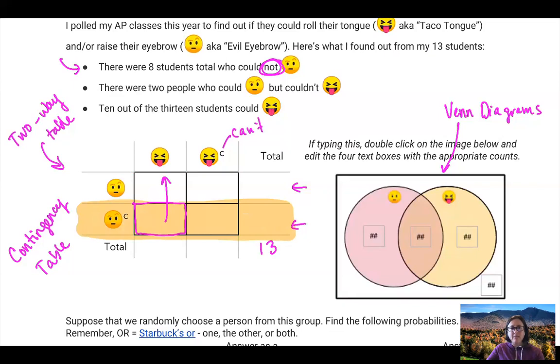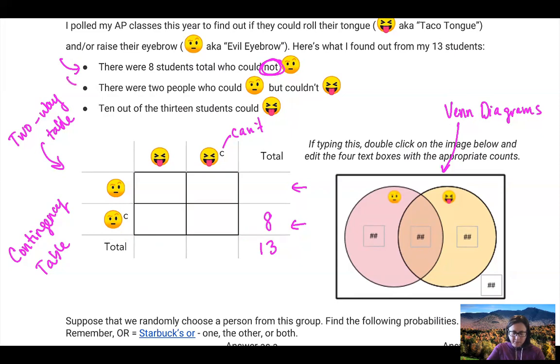I don't know anything about whether or not they can roll their tongues, so it's not going to go there. Same thing with that second box. I know that these students would not be able to raise their eyebrows, but also can't roll their tongues. So again, I don't really know what those 8 students can do as far as their tongues are concerned. So my only option left is to put it in this total row right here. So I know that there are 8 students total who could not raise their eyebrows.